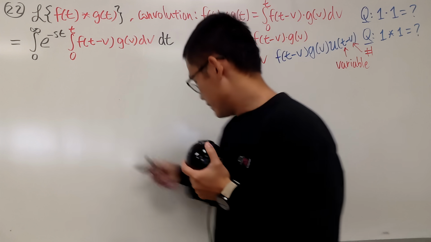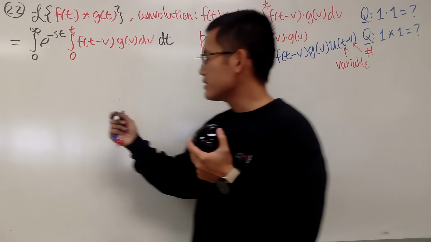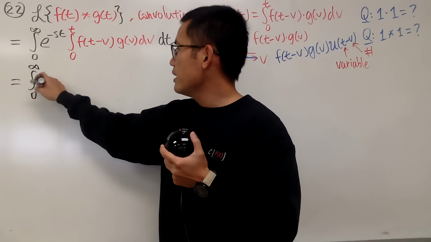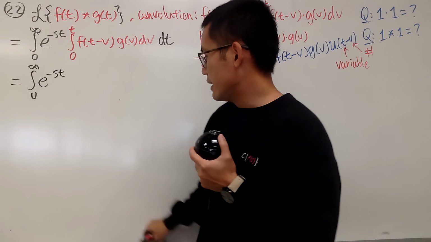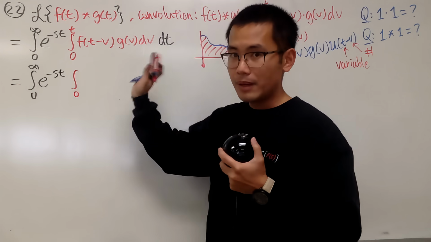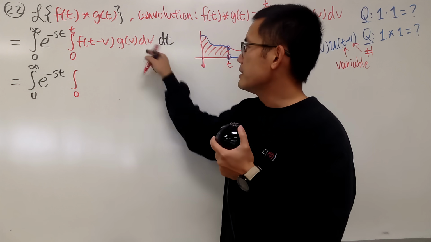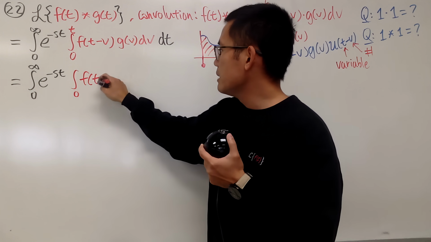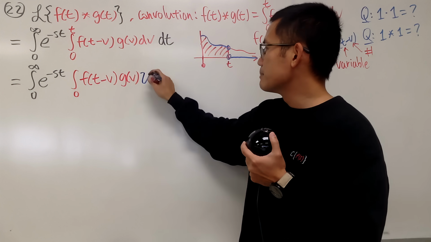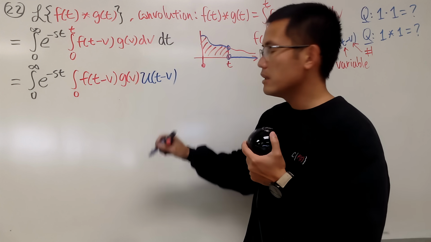All right, first thing first, copy down the things that we have. So this is integral 0 to infinity, here is e to the negative st, and then this is the integral going from 0 to something that I need not put down yet. I'll write this down again, f of t minus v, g of v, and then let me multiply this by u of t minus v.